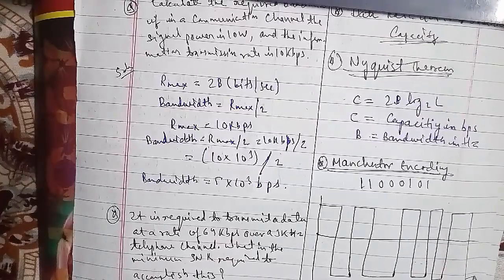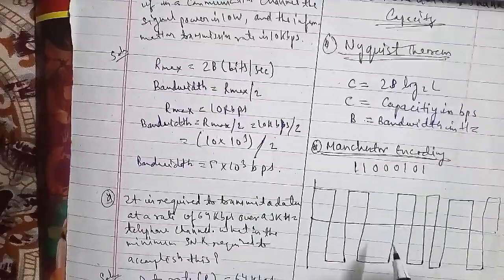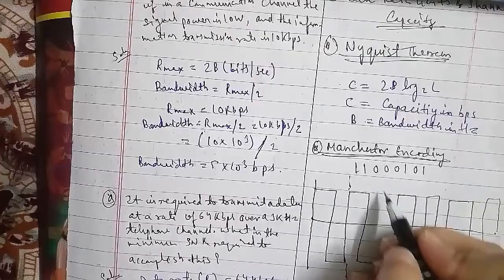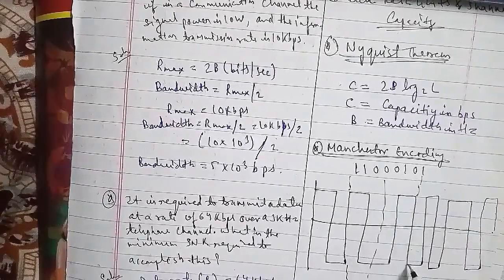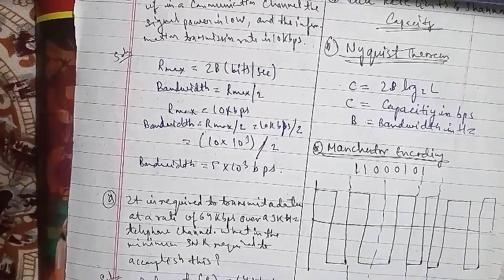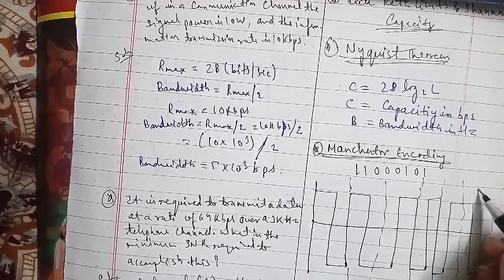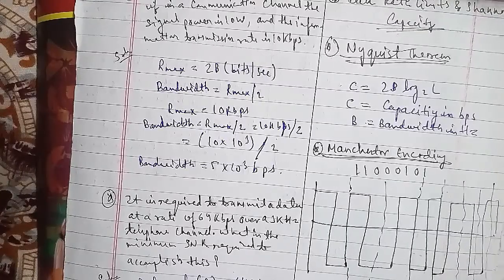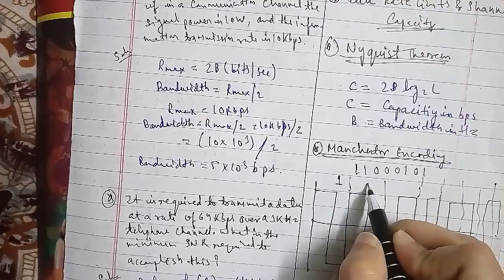Now the minimum bandwidth: BW is greater than or equal to 2 multiplied by 50 kilohertz, that is bandwidth equals 100 kilohertz.